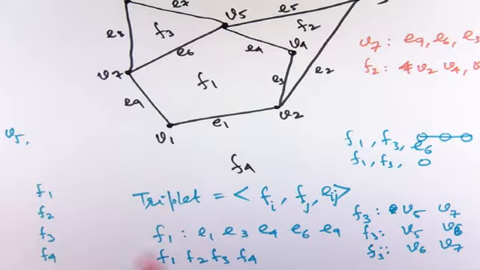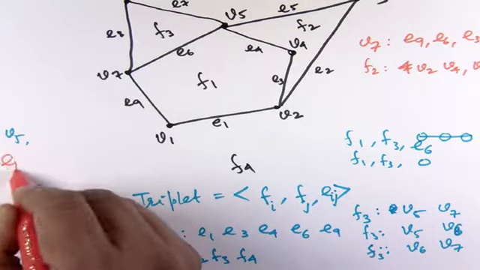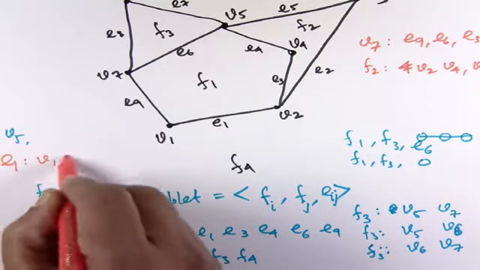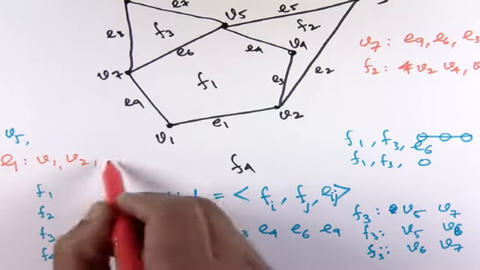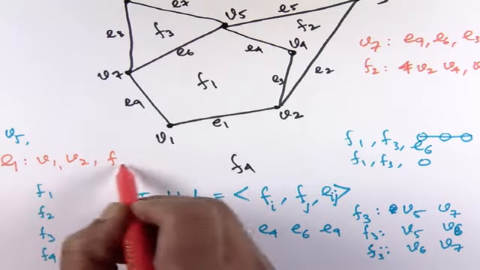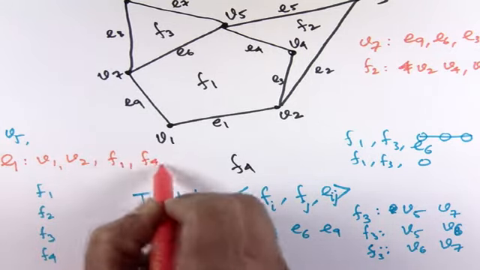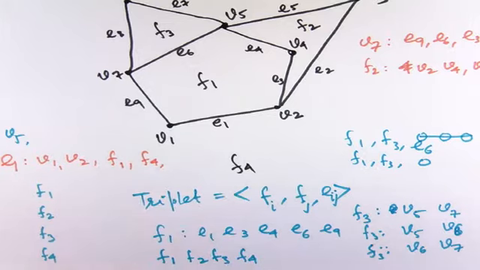E1, nodes are V1 and V2, and faces are F1 and F4. Edge-wise, that graph can be organized, and as many edges we can add according with these attributes. Right, great.